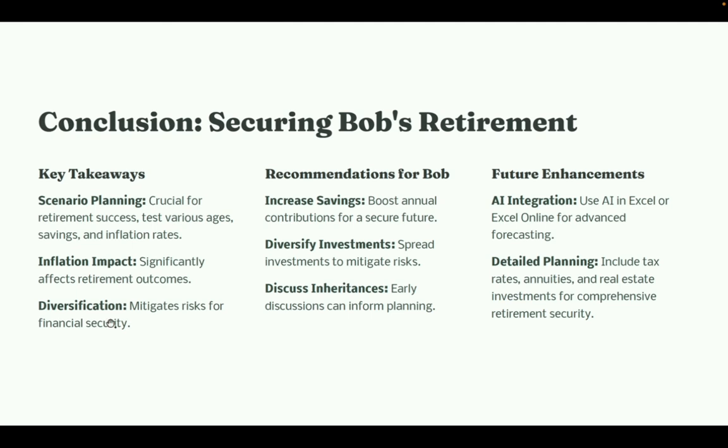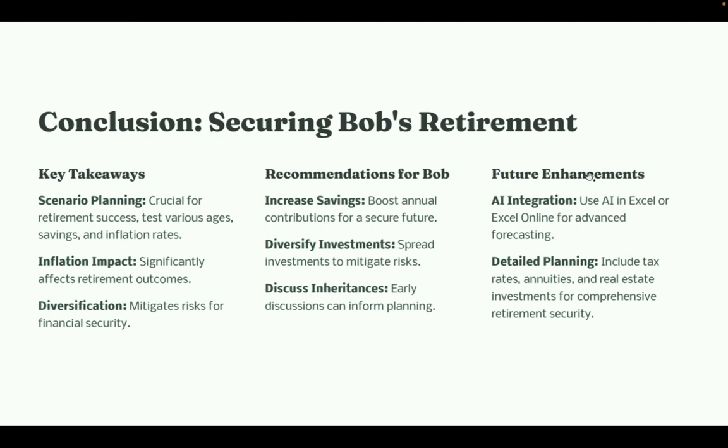And diversification of assets, for instance, spreading investments across different asset classes can mitigate risk and ensure financial security. For Bob, I recommend that he increase his annual savings to more than 60K to ensure his retirement savings last long, and also to diversify his investments to reduce risk, and also have early discussions about potential inheritances to better plan his retirement model.